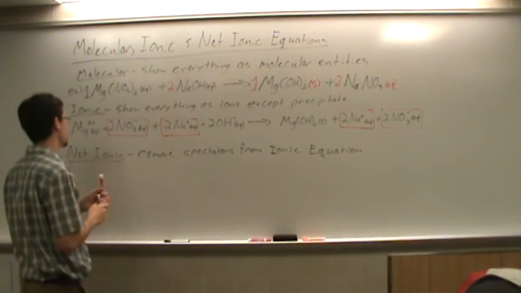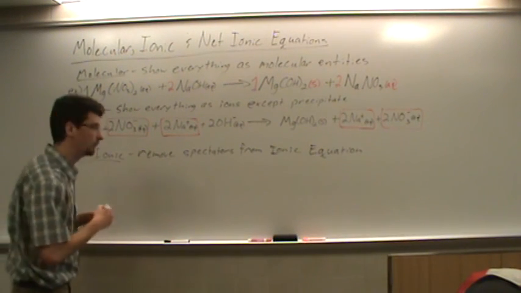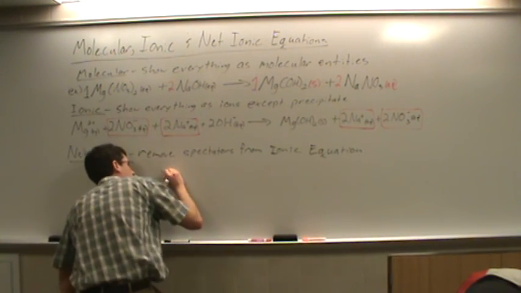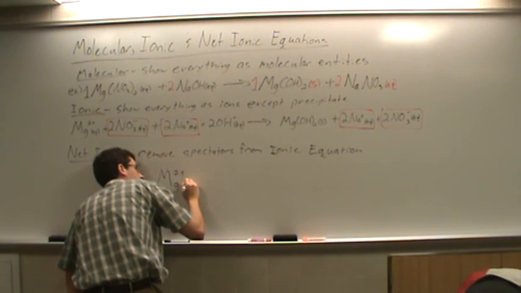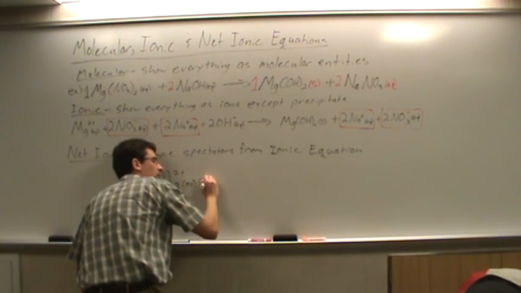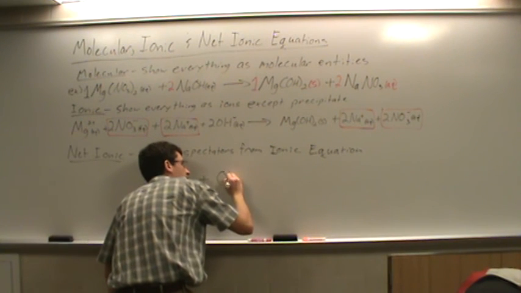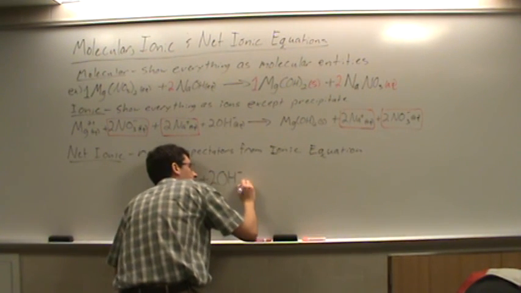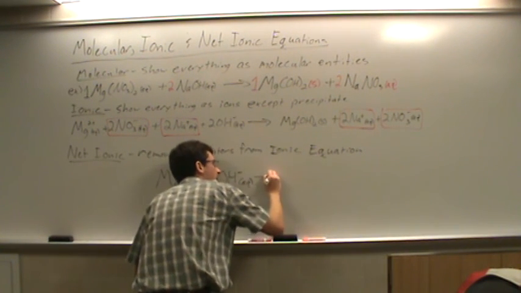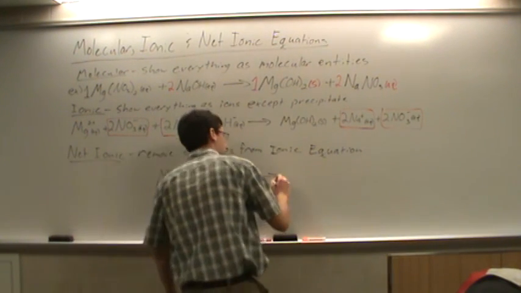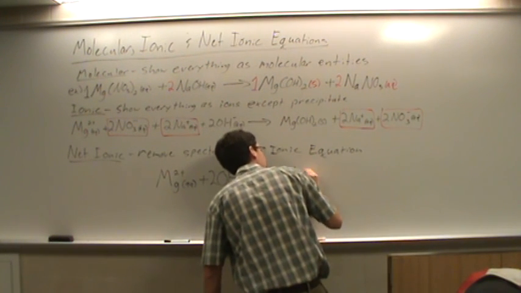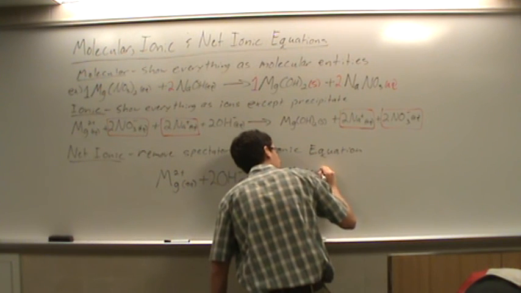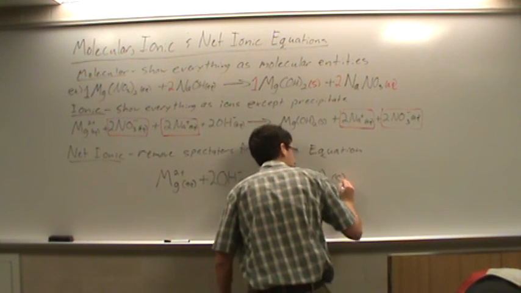And what we want to just show are the ions that are interacting with one another. So we have magnesium 2+ in the aqueous state reacting with 2 hydroxides, aqueous. They react, and what we get in the end is, again, our magnesium hydroxide, solid.